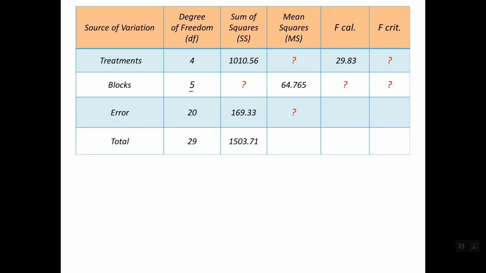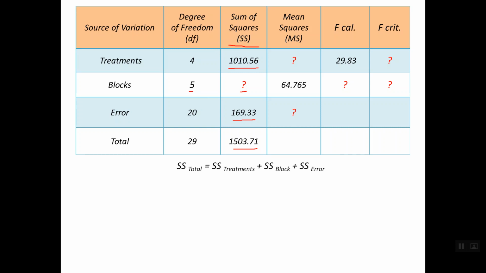By the same technique, if we check the column of the SS, the value of the SS for the treatments is known, while for the blocks it is missing. For the error it is known, and the total is already known.